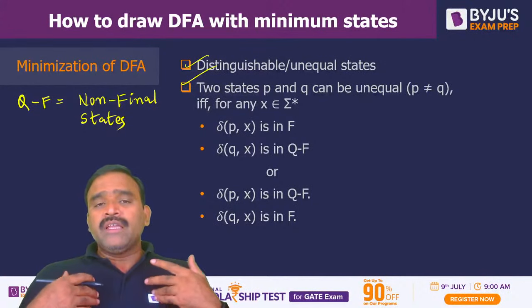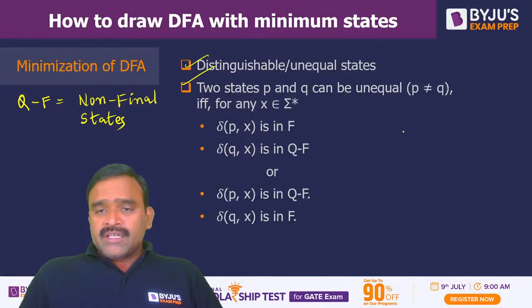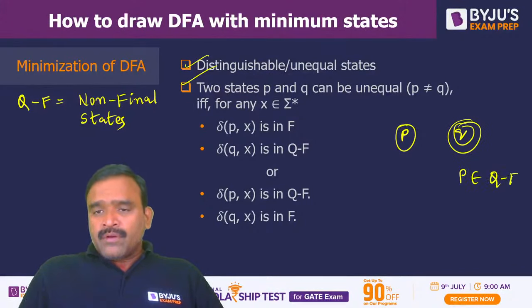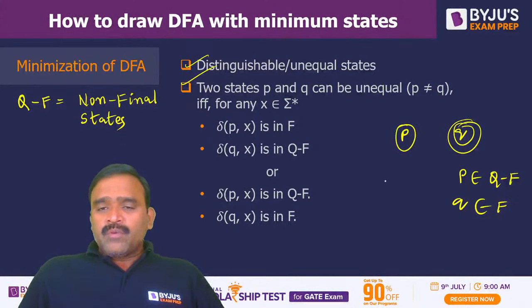So identifying inequality is very simple. For instance, P is a non-final state and Q is a final state. That means P belongs to Q minus F and Q belongs to F. We can prove that P is not equivalent to Q, because one final and one non-final can never be equivalent, since x may be any string in sigma star.